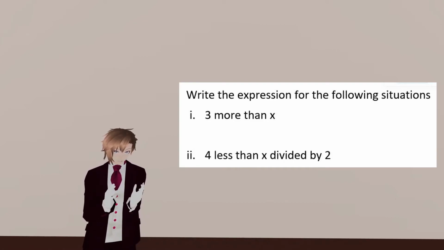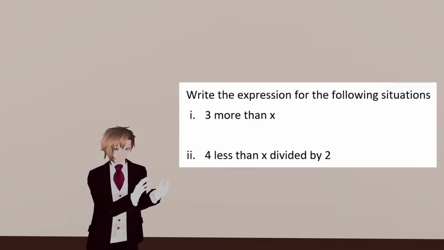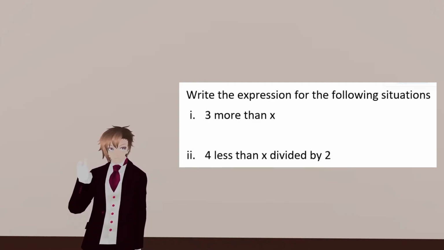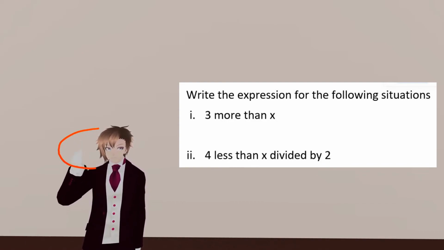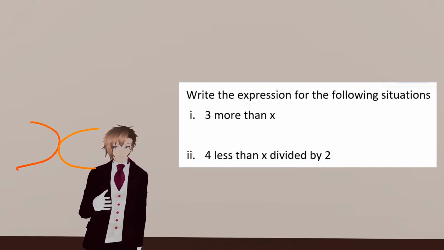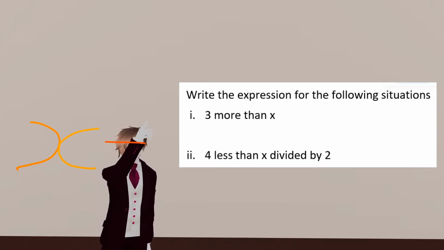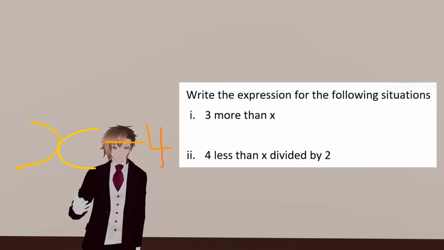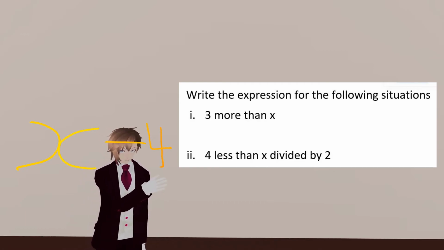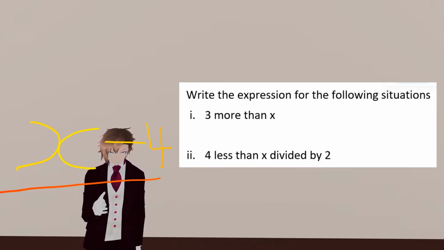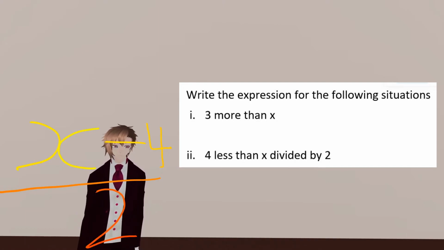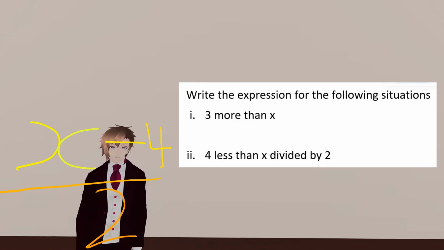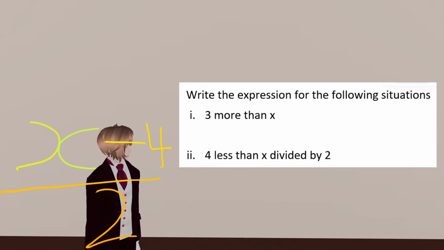So we have x, and we want 4 less, so we want to take away 4. So we have x, and we are going to take away 4. And then we are going to divide by 2. This is much shorter than writing that huge sentence.